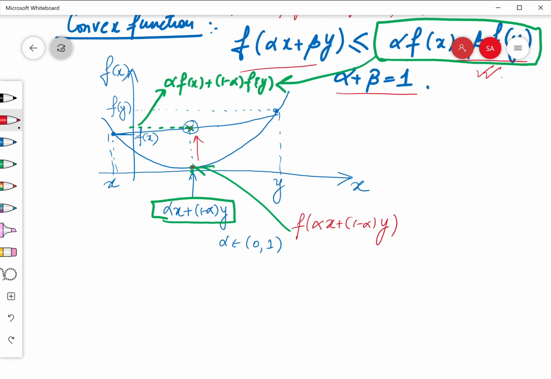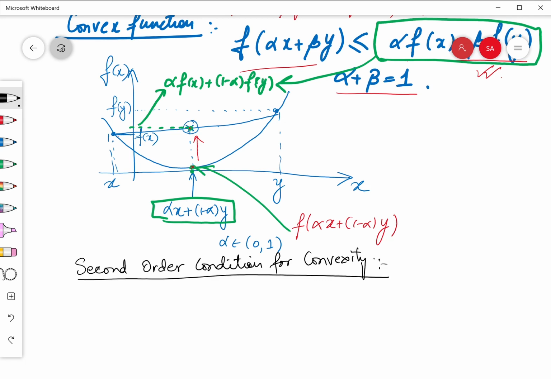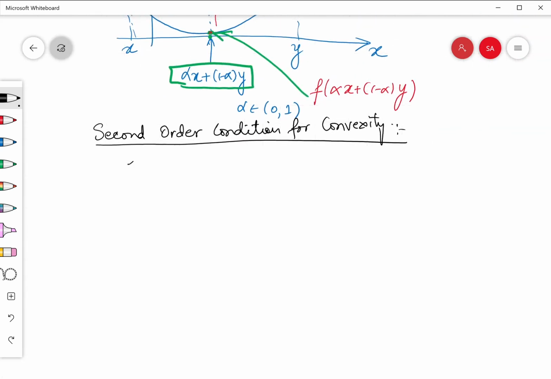Now many times this is a tricky business. Proving this is quite troublesome. So what we do is we use something called the second order condition. The second order condition for convexity is that, as you know, if you take the double derivative of a function with respect to x, and it is greater than 0 or greater than or equal to 0, then you say that the function is convex.